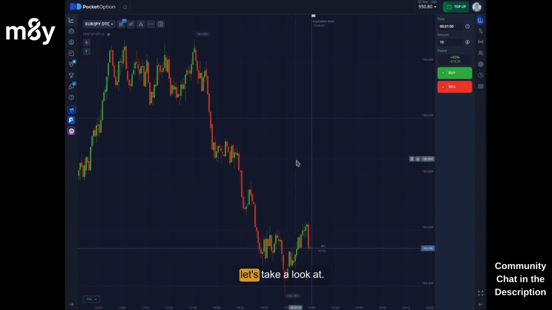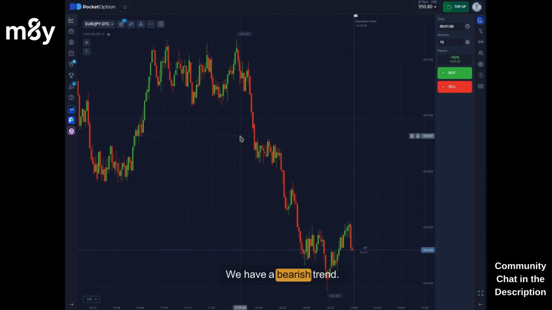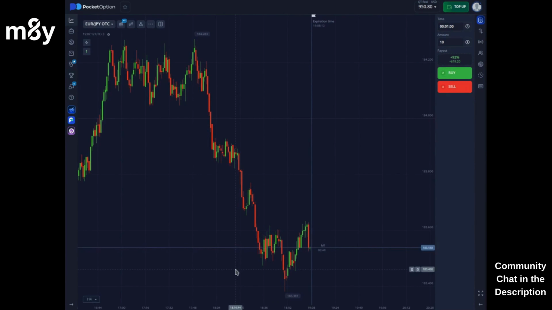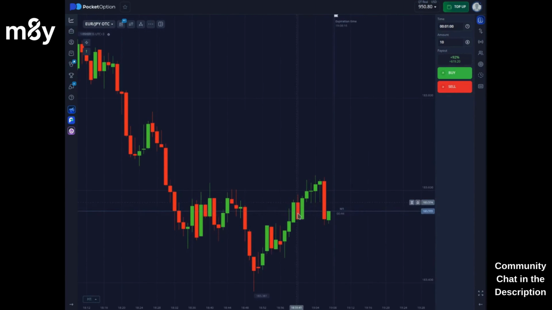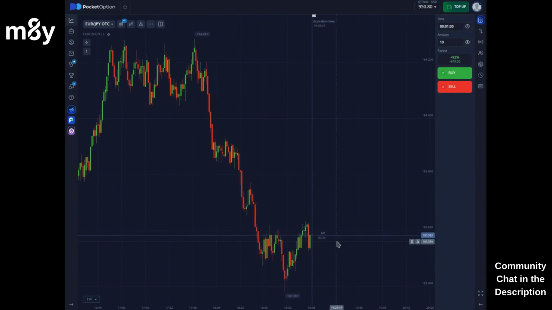Now, let's take a look. We have a bearish trend. What do we have? We have a few doji, a very big candle in here, and a few more doji in here. Do we have a trend line?